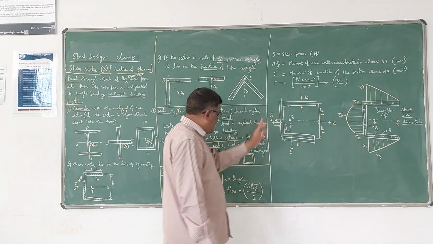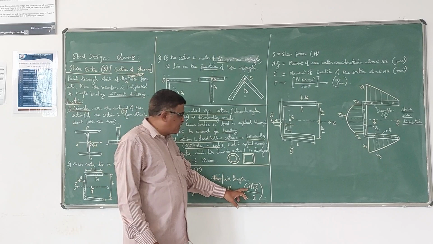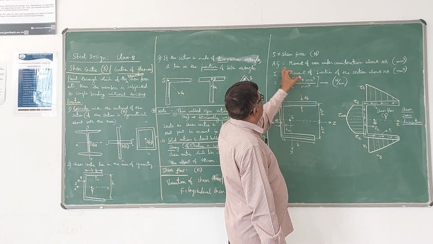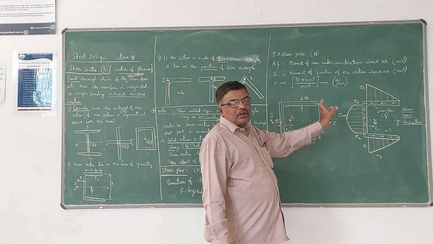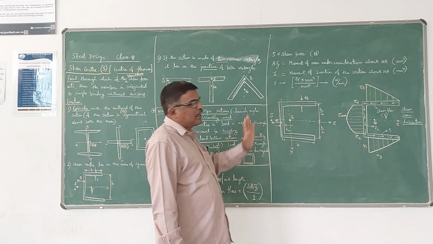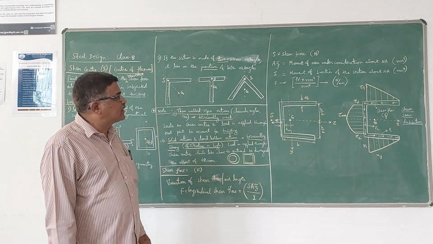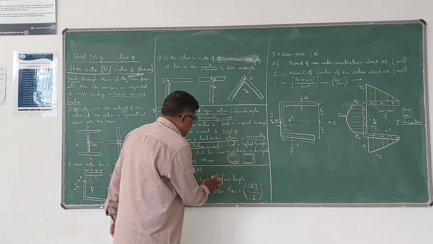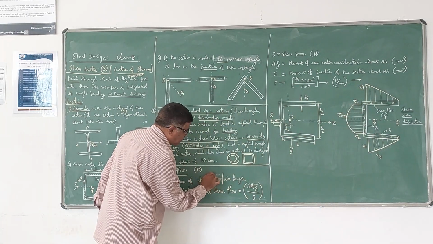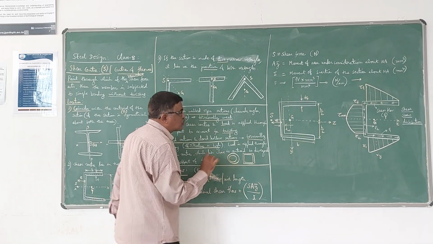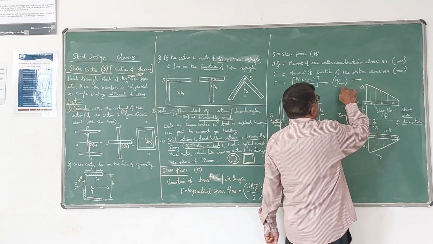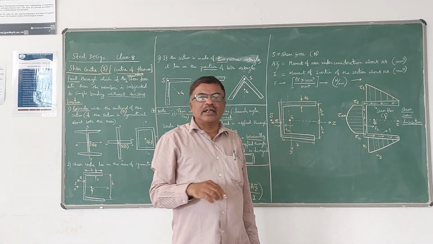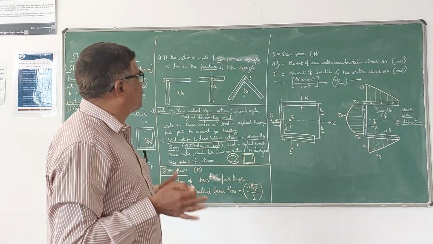So if you see the unit of this F, S is in Newton, A y bar is in millimeter cube, I value is in millimeter power 4. If you simplify that, you will get Newton per millimeter. That is nothing but the shear force per unit length. So Newton per millimeter is the unit of shear flow.